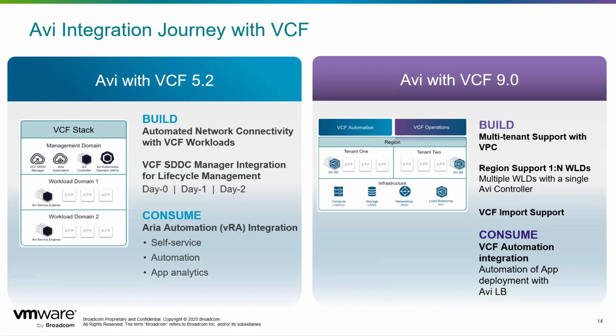You saw in things like VCF 5.2, building and deploying this, that's where you first started seeing some of the tighter integrations around VRA and the self-service. And in the latest versions now with VCF 9, Avi now has things like VPC support. So we're inheriting and learning VPC support from NSX, pulling that in so we have the same multi-tenancy, the same VPC, all the way down the line, so that we are very much in line with and following that same workflow.